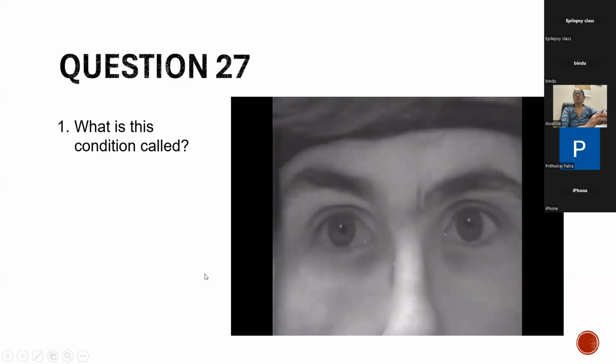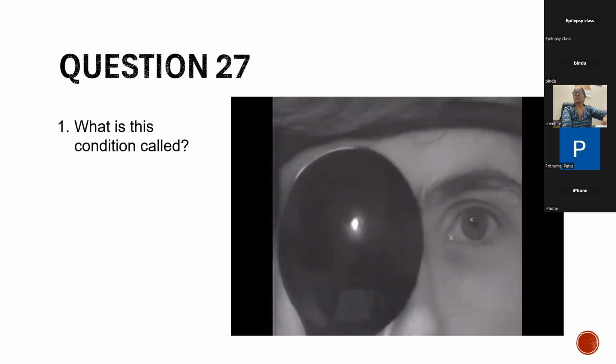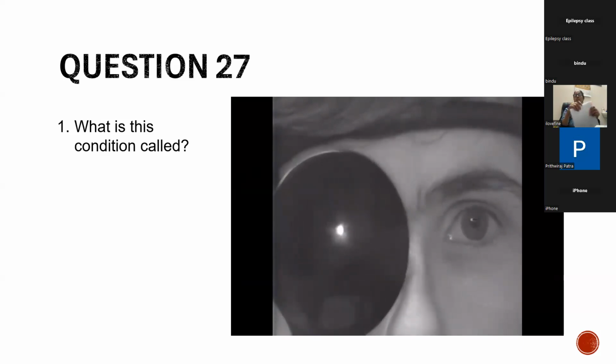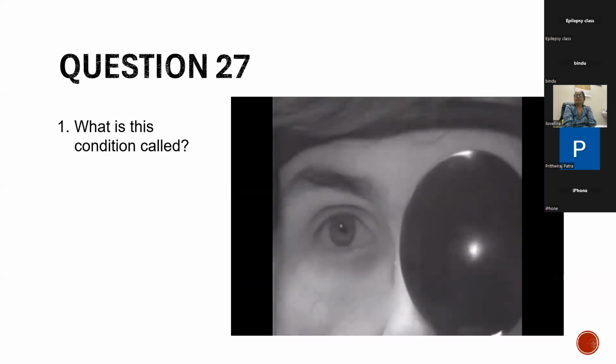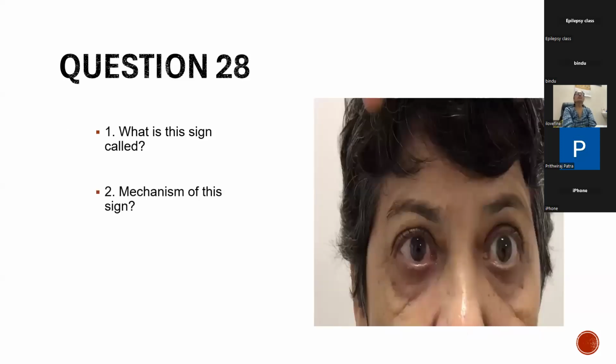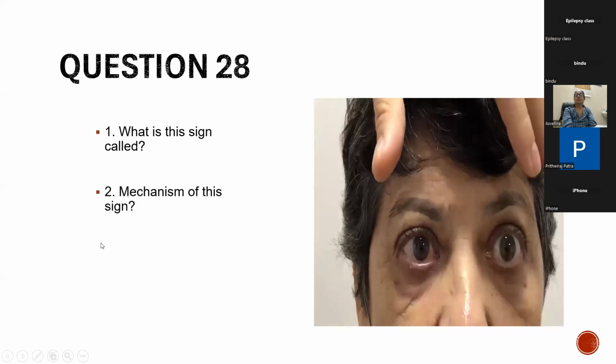What is this condition? Question number 28. What is this sign called and mechanism of this sign?